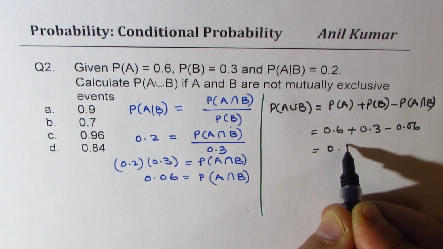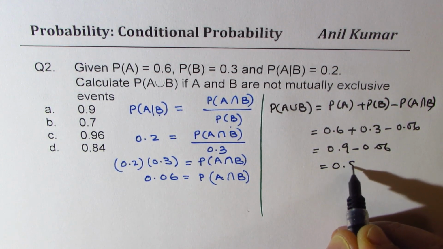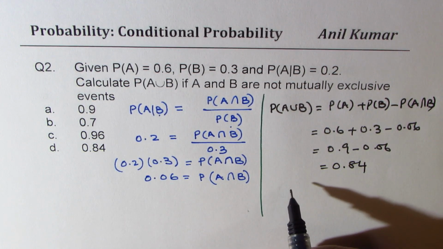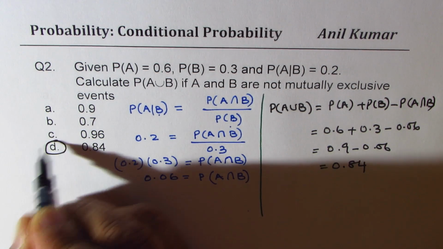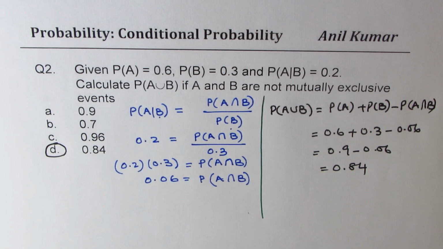That gives us 0.9 minus 0.06, which is 0.84, right? So 0.84 is option D for us, so that is the right answer. So I hope that is absolutely clear. So here we have used both the concepts. One, probability of A and B, and second, probability of A or B. Now let's move on and take up question number 3.